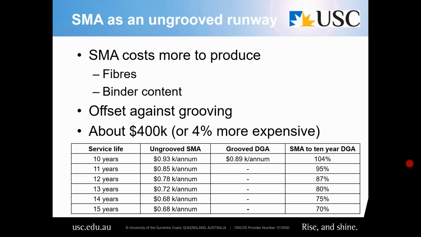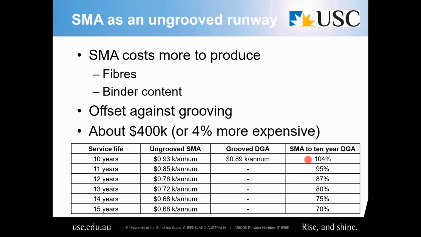So the little table down the bottom says that if both surfaces last 10 years, and 10 years is what I would advise any airport to base their long-term forecasts for expenditure on, particularly for a grooved dense graded runway, then the ungrooved SMA costs 104%, 4% more than the grooved dense graded asphalt costs.